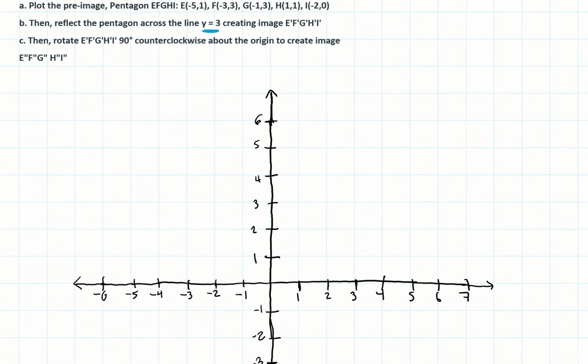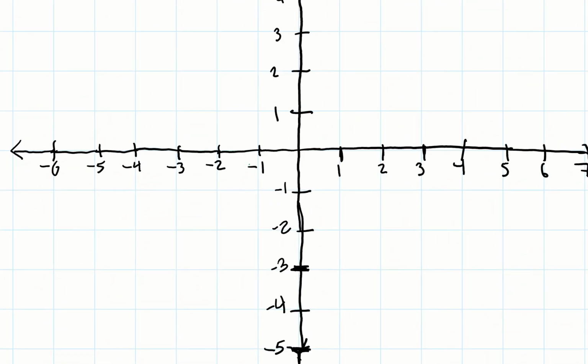So E is -5, 1. This black mark should be over here.